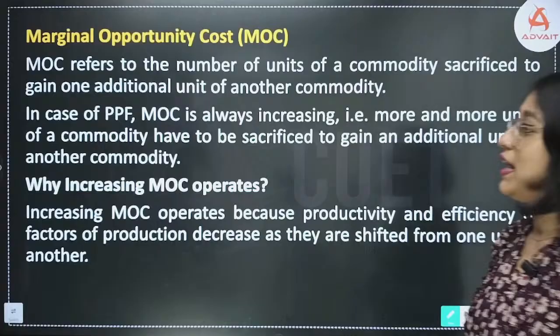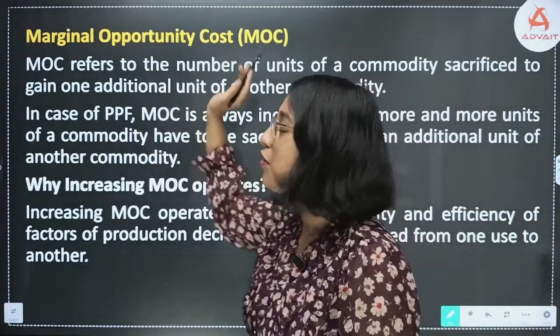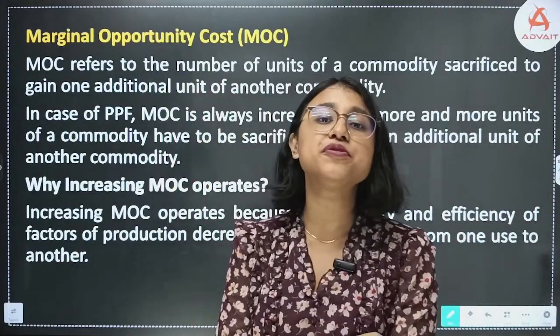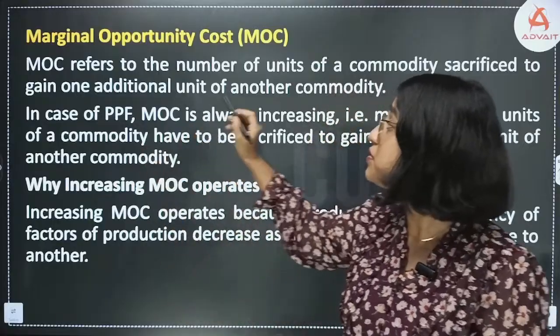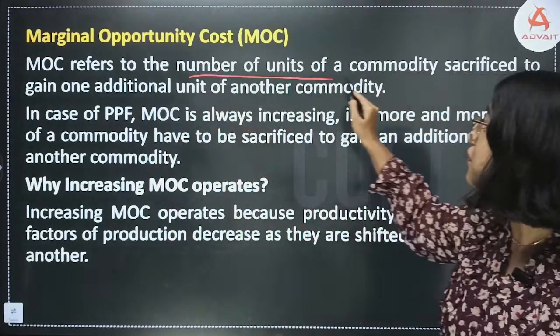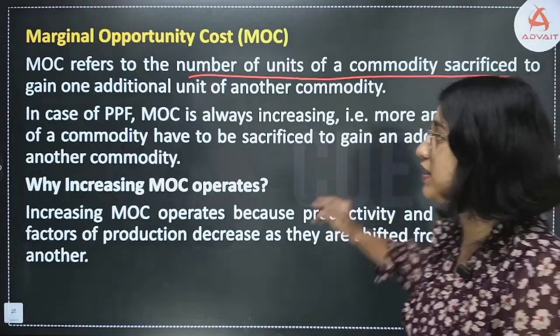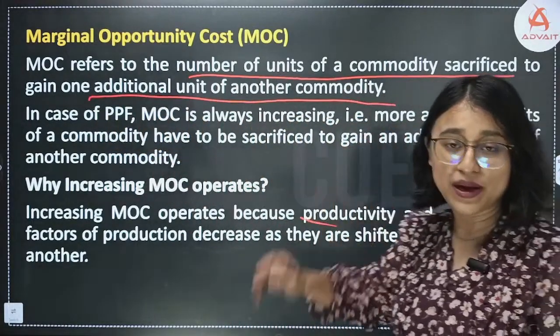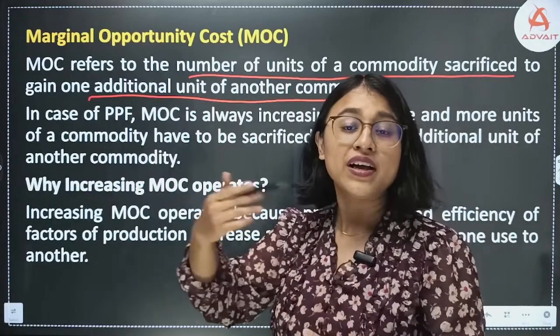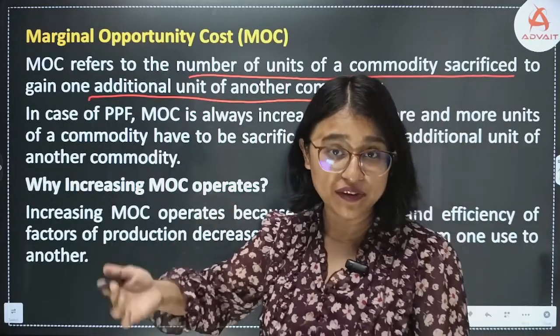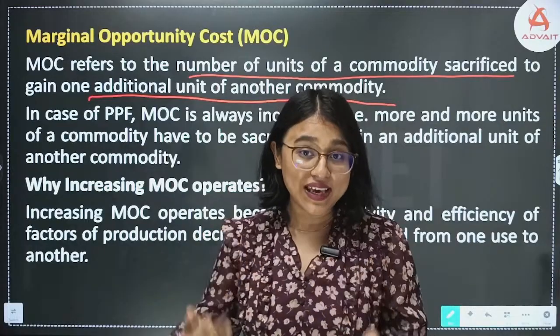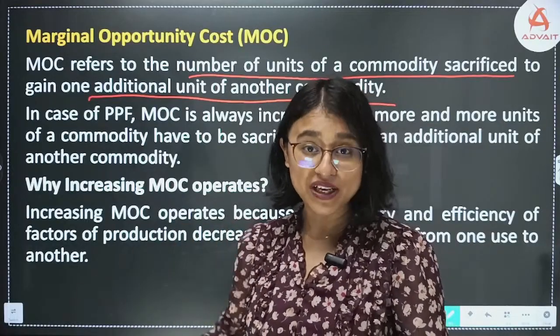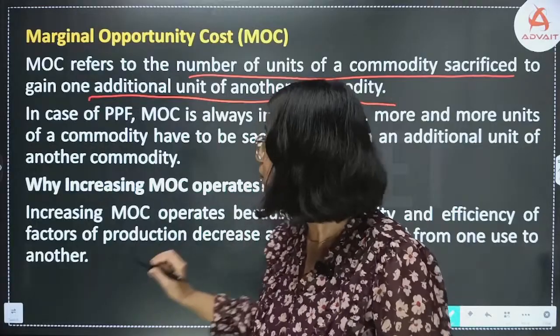Now, এইমাত্ৰ যে মই কৈছিলো marginal opportunity cost. Marginal opportunity cost কি হয়? Marginal opportunity cost refers to number of units of the commodity sacrificed to gain an additional unit of another commodity. মানে number of production of guns we are sacrificing to gain an additional unit of butter is MOC. So MOC মানে কি হয়?